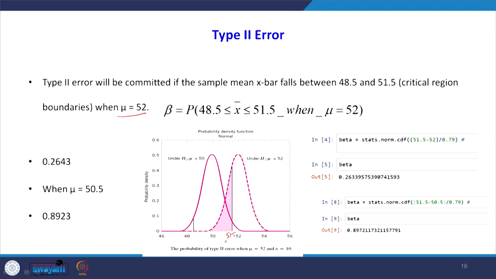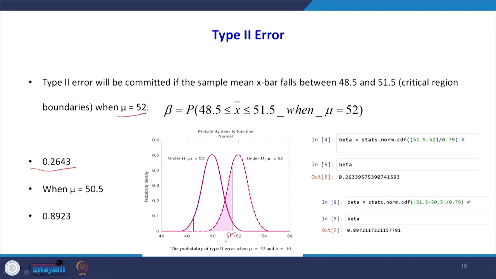So, that beta value is 0.263. So, this pink region is this area. I have given an explanation, and the Python code for how to find it is also given.